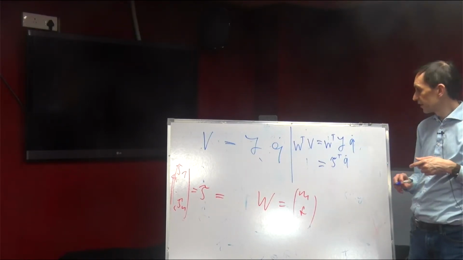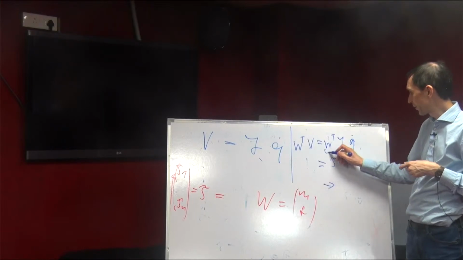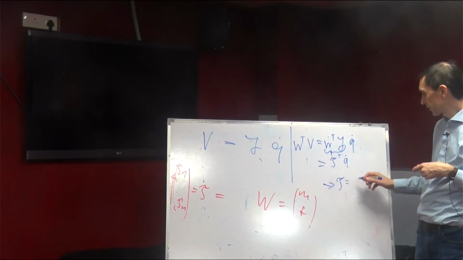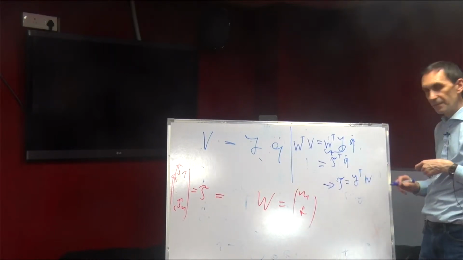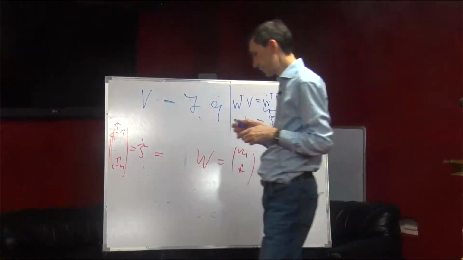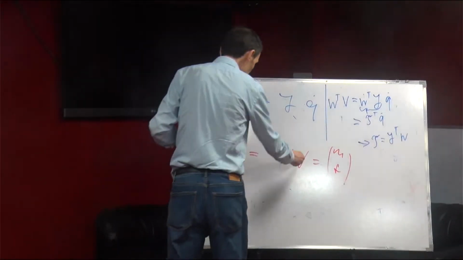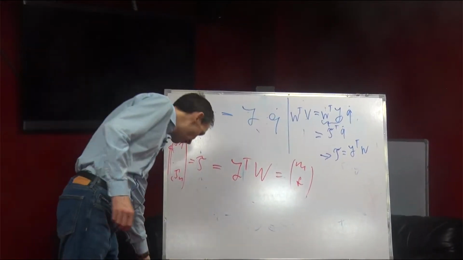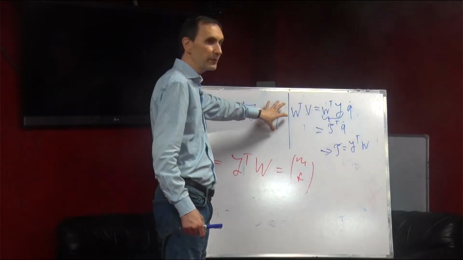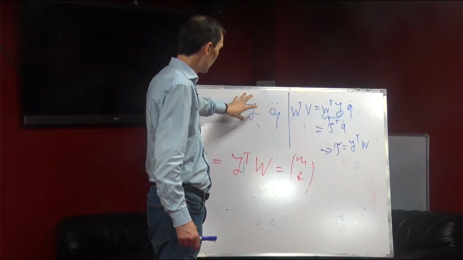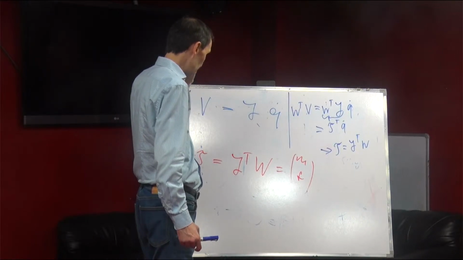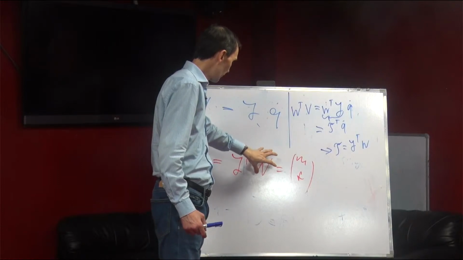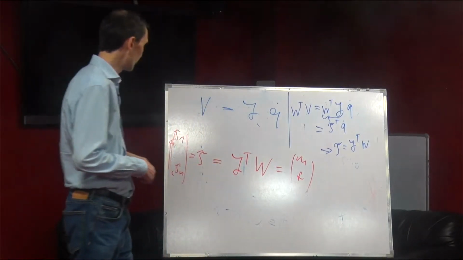That means tau is equal to J transposed W. So the transformation of the wrenches to tau is just via the transpose of J. You have this duality: when a velocity is transformed with a Jacobian from joint space to end effector space, the wrenches, the moments and forces, are transformed via the transpose of J to the joint torques.